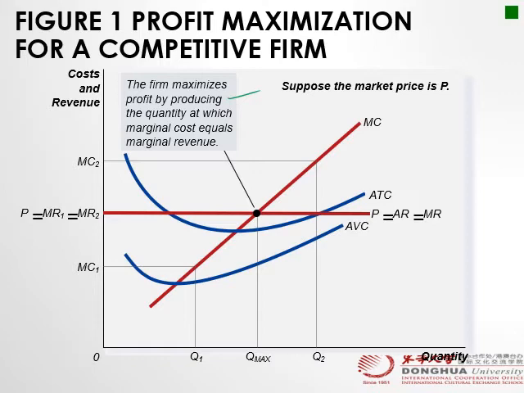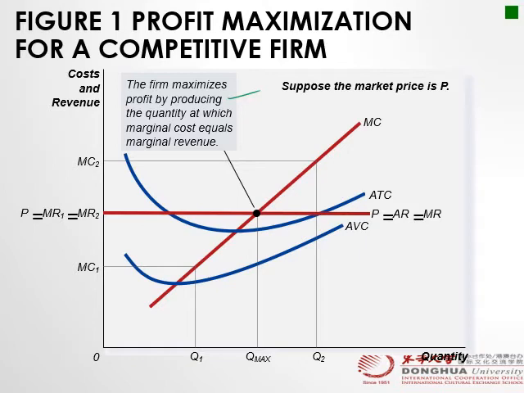Price is fixed, so we don't see a downward sloping curve. We see a flat horizontal curve like this. So we know that price is equal to AR is equal to MR.